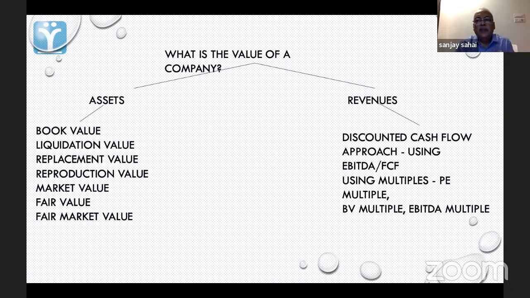Here I'm looking at what revenue this company is likely to give me in the years ahead. So basically I want to find out the cash flow I will get from this company, or to be absolutely correct, the free cash flow that this company will give me in the years ahead up till it exists.